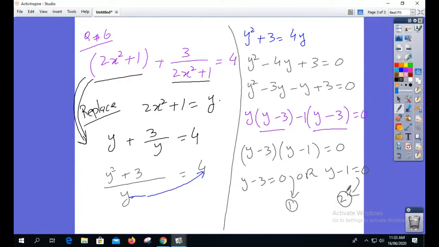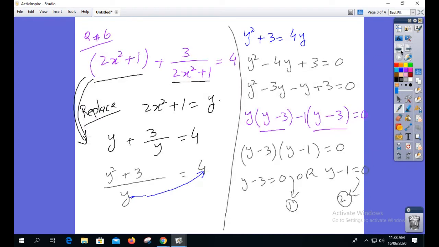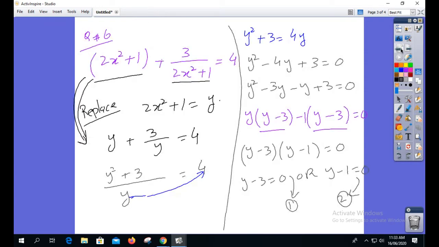Now in the next step, from equation number 1, y minus 3 equals to 0, y equals to 3. Now, what is the value of y?